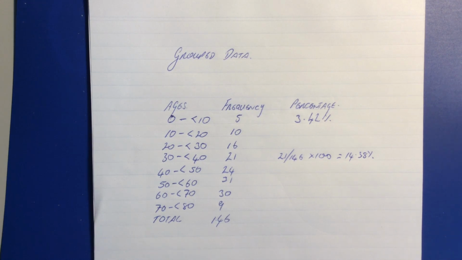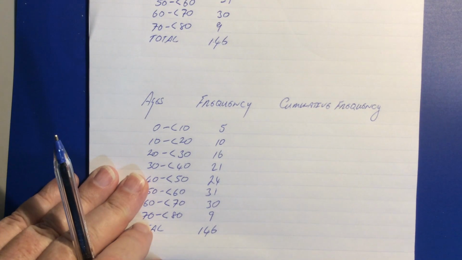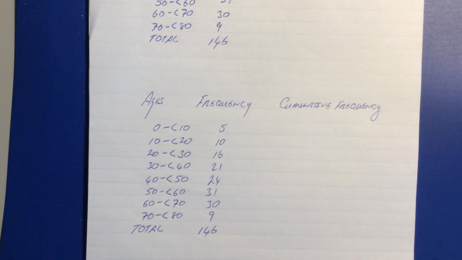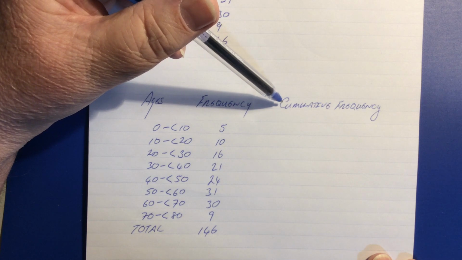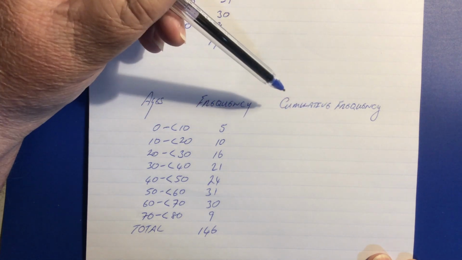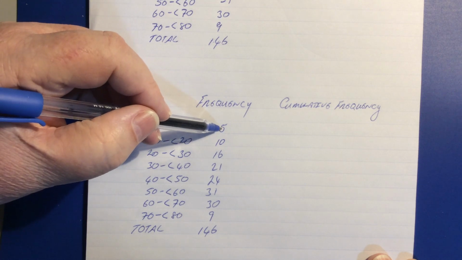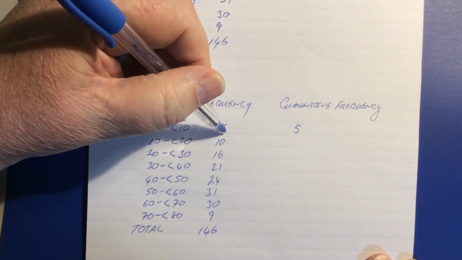Now, there's another thing that I got asked about, and that's further down the page, and that is cumulative frequency. And again, this is quite simple, but you need to understand what it is. All it is, as we move down the page, we have 5 people in this group.